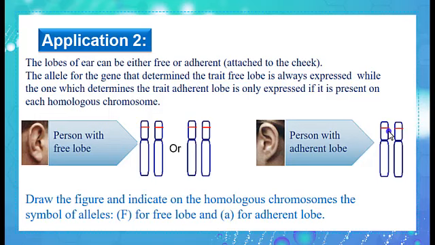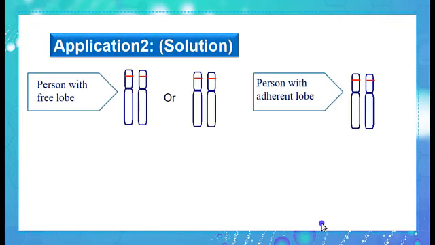The question is, draw the figure and indicate on the homologous chromosomes the symbols of alleles, capital F for free lobe and small a for adherent lobe. Please pause the video and then we will solve it together. Let's move to the solution. So what do we have to put in a person with free lobe? Excellent. We have to write either FF or Fa.